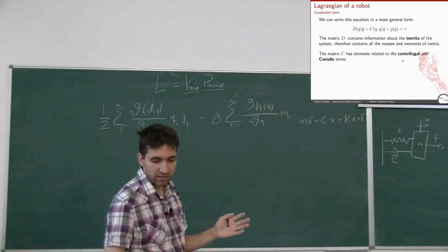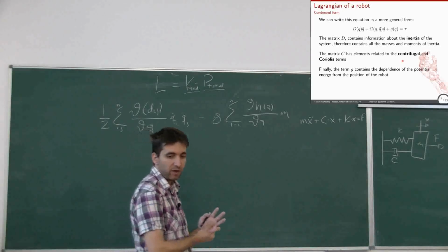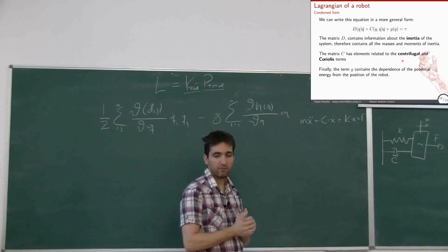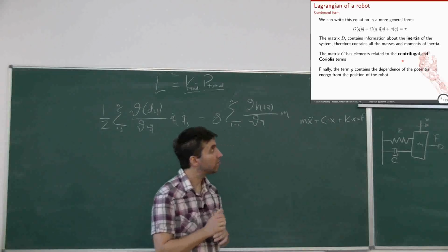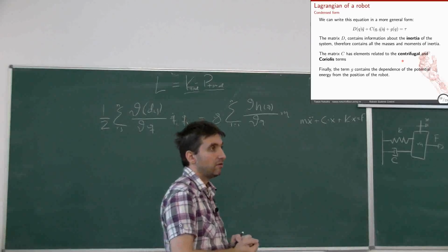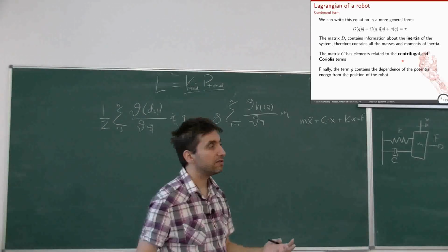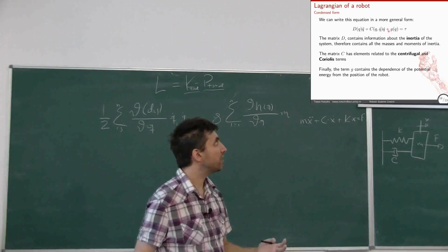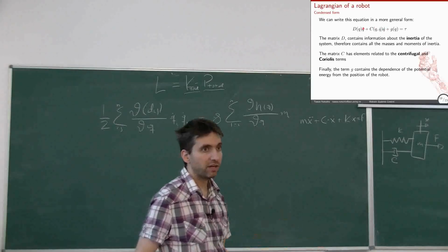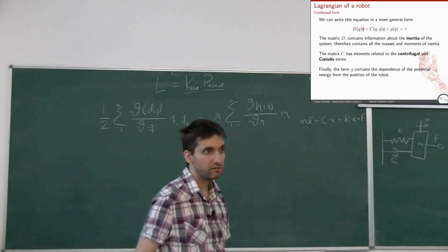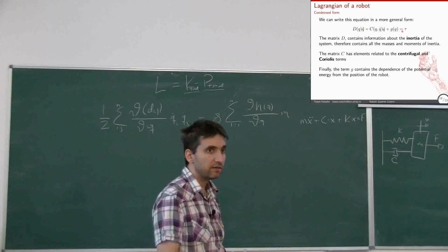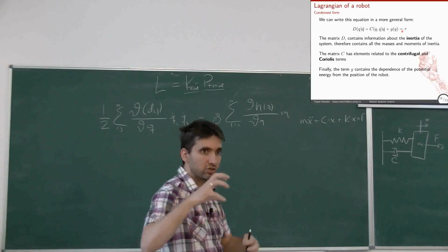So what can I do using this equation? What is my input for this equation? And what is my output? If I know what is the position, the velocity, and the acceleration of my joints, what can I calculate? The torque that resulted in this motion, the torque at the joints.